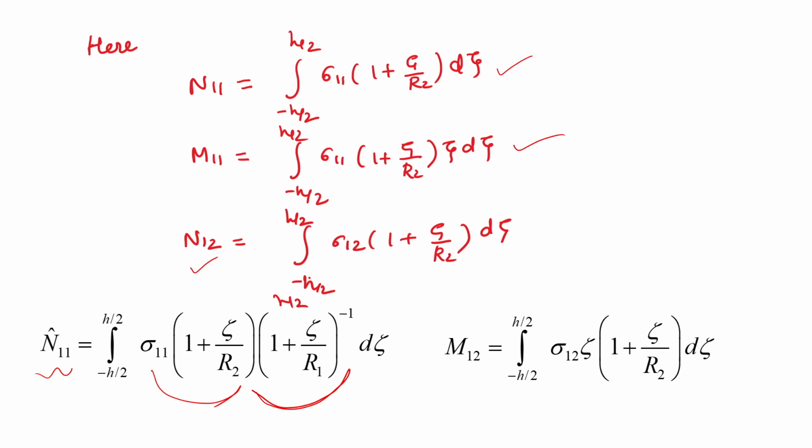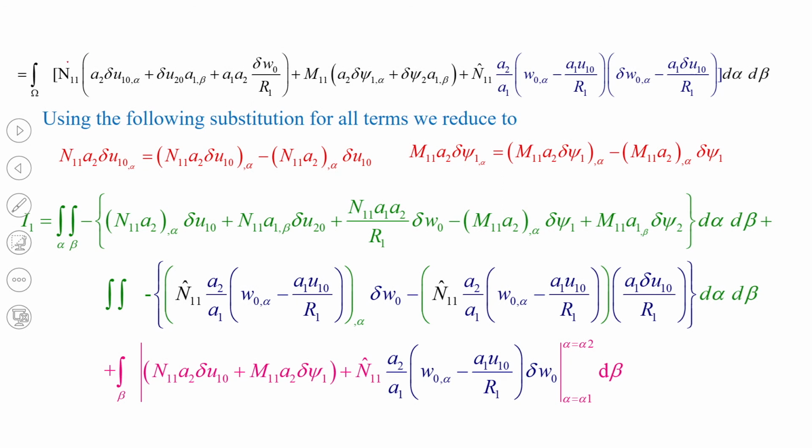So, when we do it for a nonlinear one, then we have to consider this new definition N11 hat. Sometimes in some books it may be star, tilde, delta, meaning we have to give a separate symbol for this definition. If we use these definitions, they can be written like this, N11, M11, N hat 11.